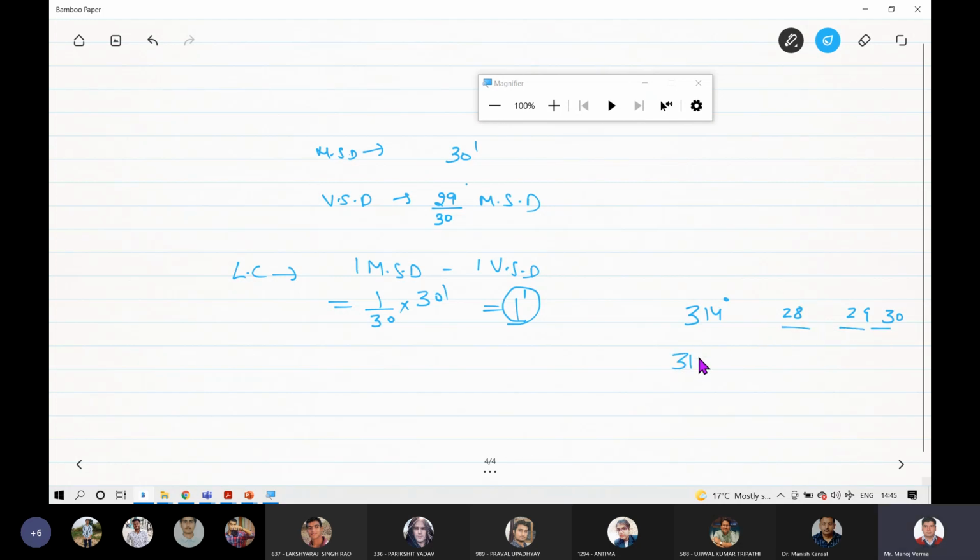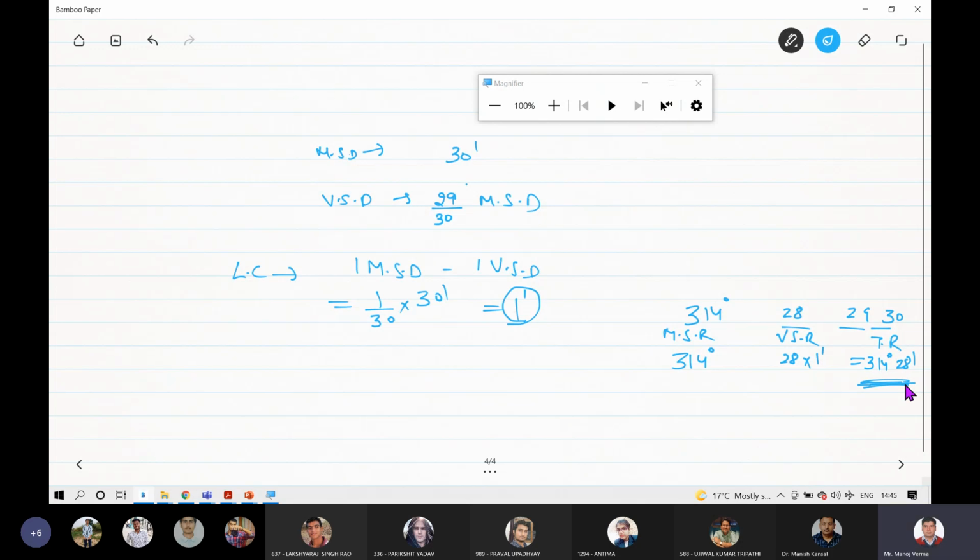So the total observation will become 314 degrees MSR, main scale reading, plus vernier scale reading will be 28 into 1 minute, and the total reading will be 314 degree 28 minutes. You have to write all the observations in similar fashion.